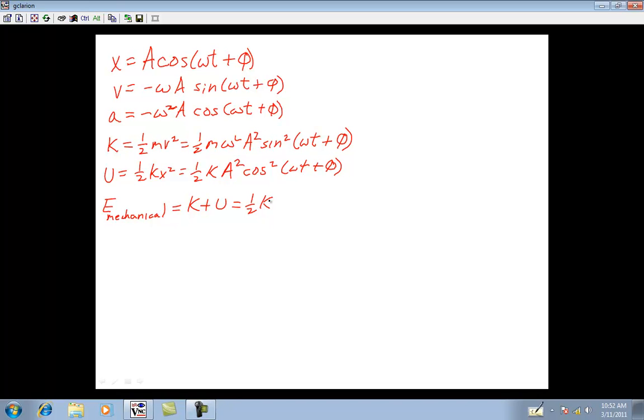I've got a squared and then sine squared. What happens to the omega out front here? Omega squared times 1/2 k.